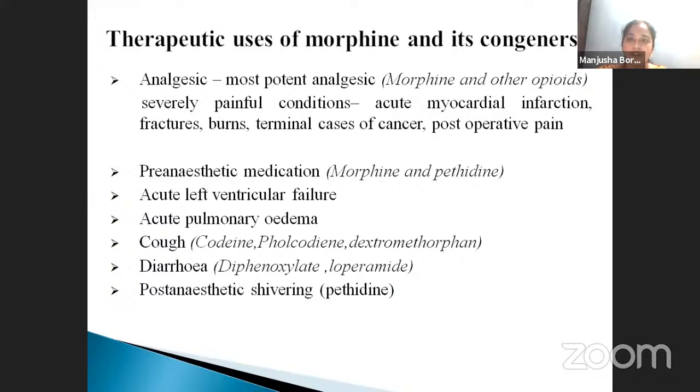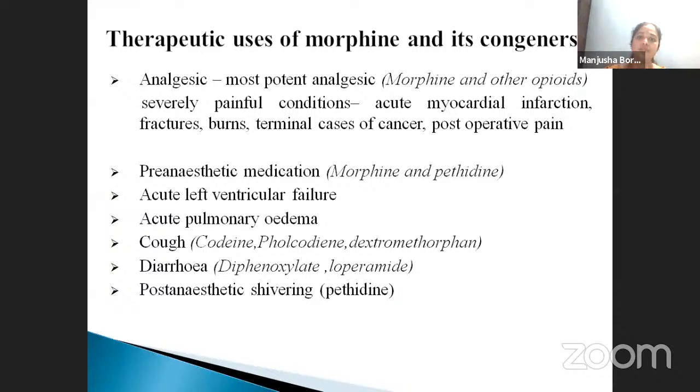Therapeutic uses of morphine and its congeners. Morphine is a potent analgesic. Morphine and other opioids are mainly used in moderate to severe painful conditions such as acute myocardial infarction, fractures, burns, terminal cases of cancer, and post-operative pain.